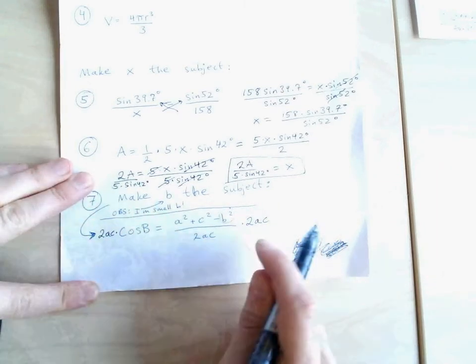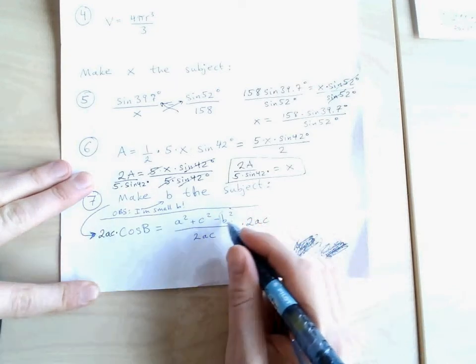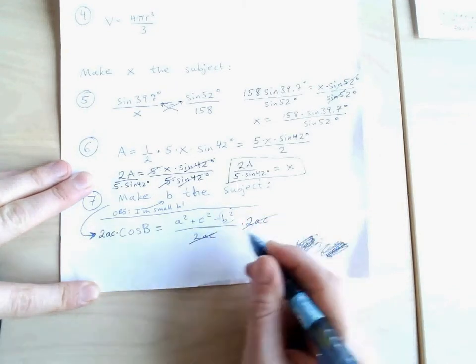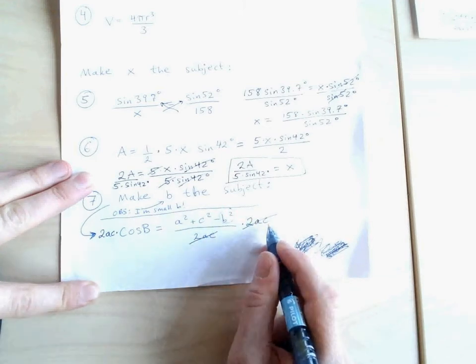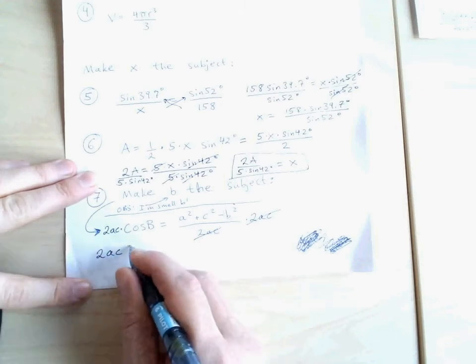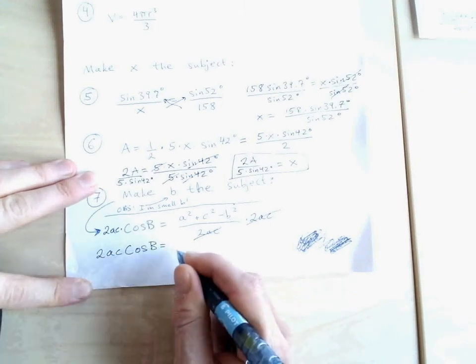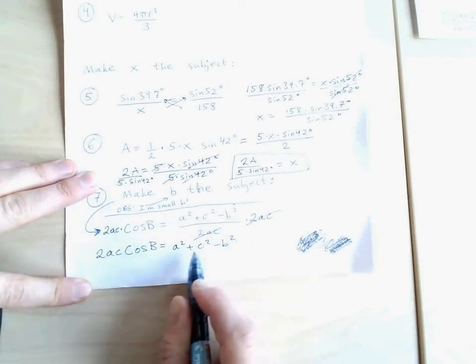We must always do the same on both sides. It's very important, it's essential. What is happening now is that you can cancel out 2ac. We first divided by 2ac, then multiplied. They cancel out. So we get 2ac times cos b equals a squared plus c squared minus b squared, like this.